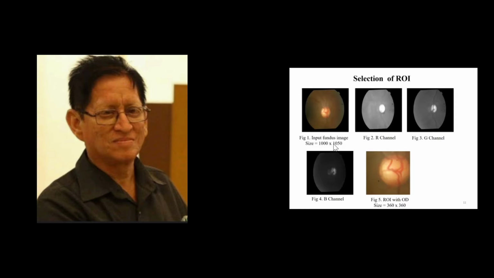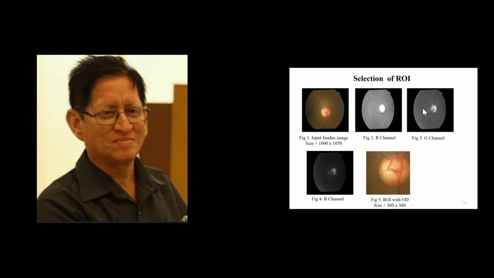This image is an RGB image. All raw images captured from the camera are RGB. From the RGB image, we separate the three channels: R channel, G channel, and B channel.